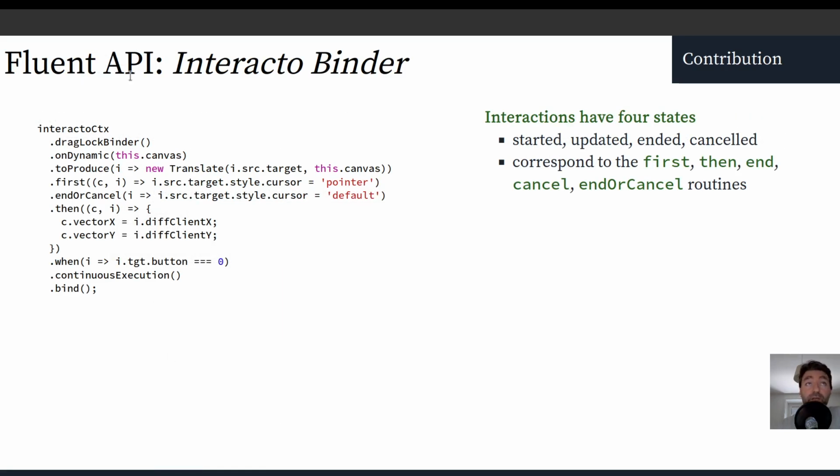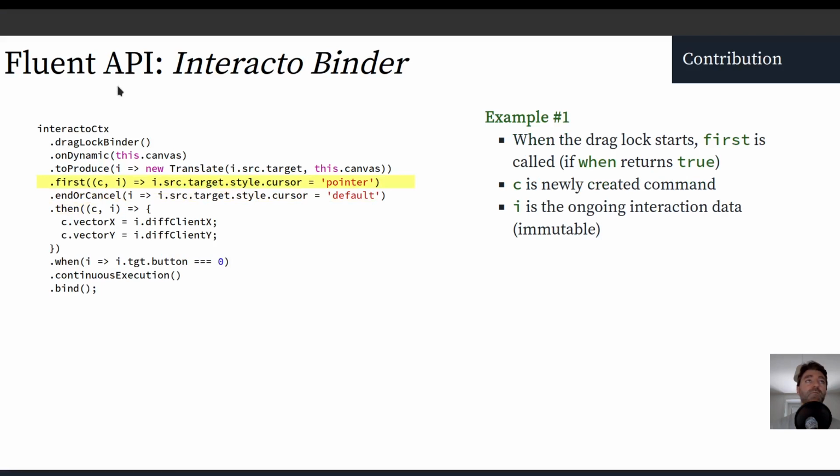Regarding the Fluent API, we call Interactor Binder. Something important to understand is that in Interacto, an interaction has 4 states: started, updated, ended, and cancelled. And they correspond to specific routines in the Interactor Binder.